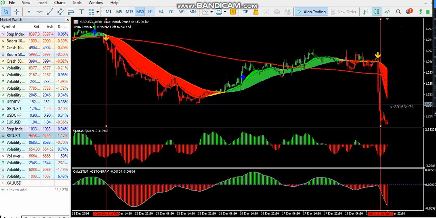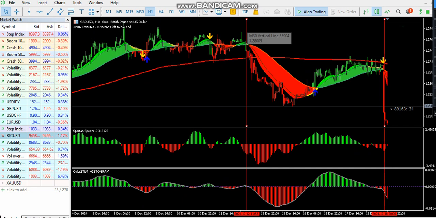As you can see right here, on this zone right here, it broke below the cloud, went below the moving average, and the candlesticks were red. I'm talking about this zone right here.